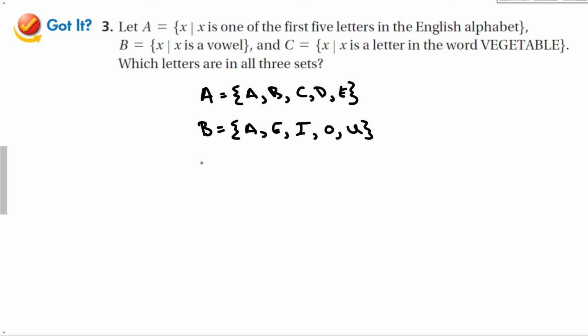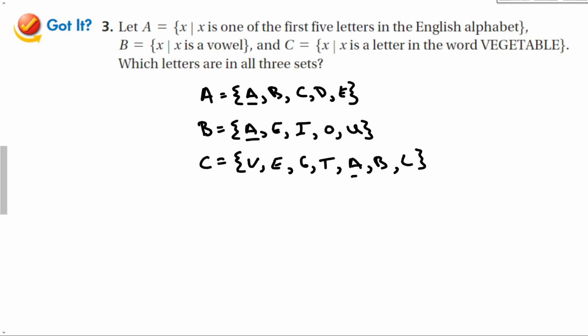And set C is a letter in the word vegetable. So V, E, G, we already have the E, T, A, B, or L. And we already have an E. Okay? So what letters are in all 3 sets?